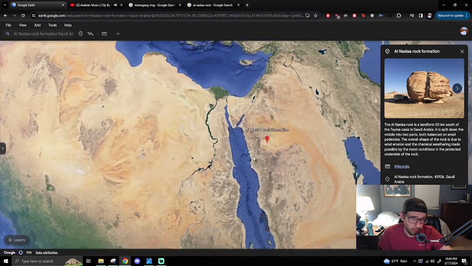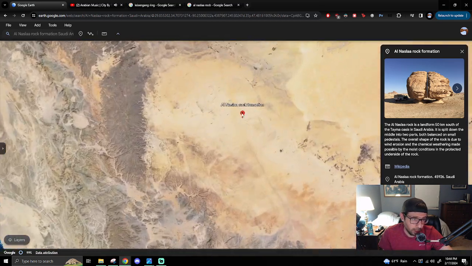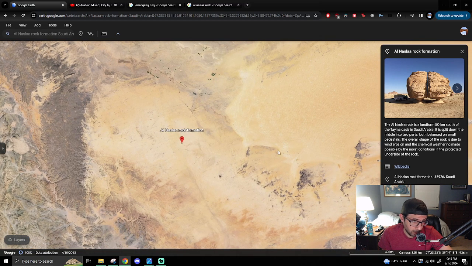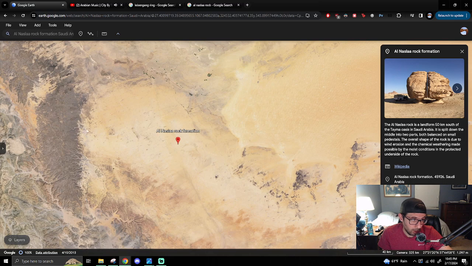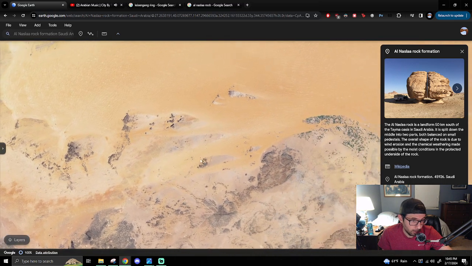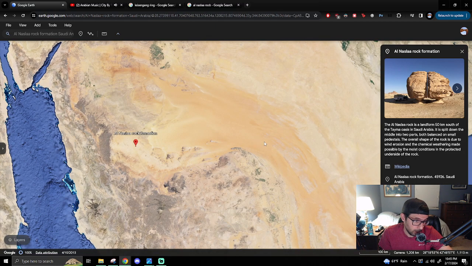But more specifically, if we look at Al Nasra rock formation here, there's this arcing area, which, along with this boundary, this combination of everything, as well as the way this bends, strongly suggests that there was current that went in this way and ran into resistance.